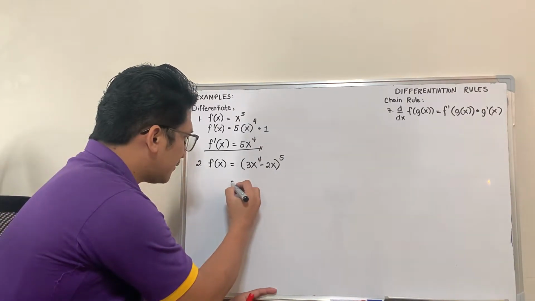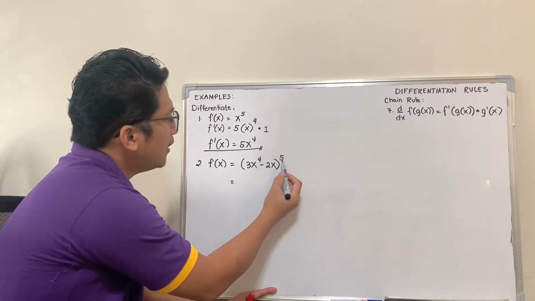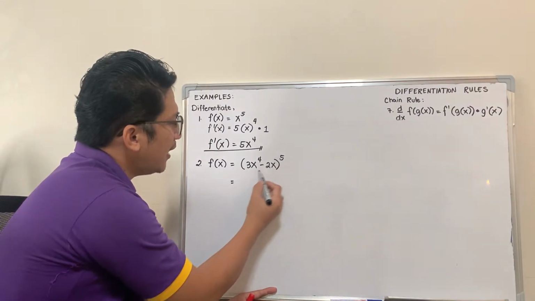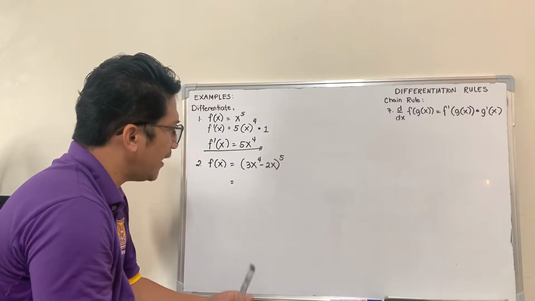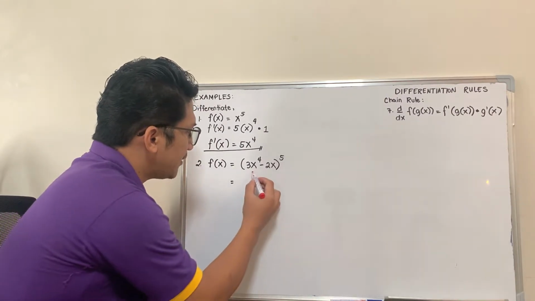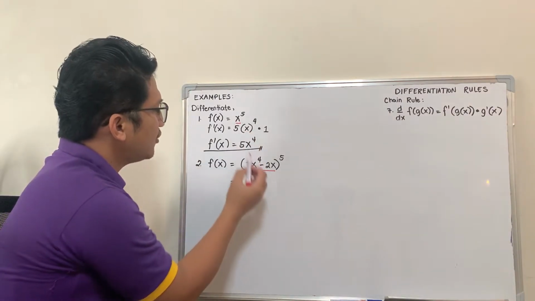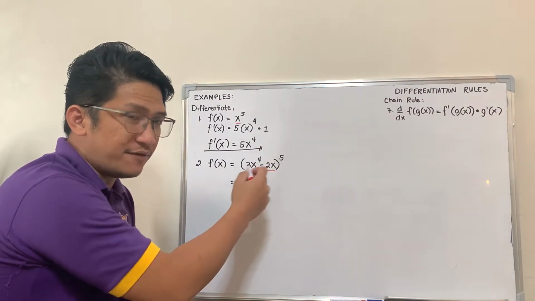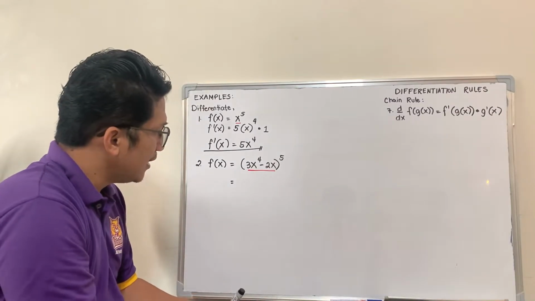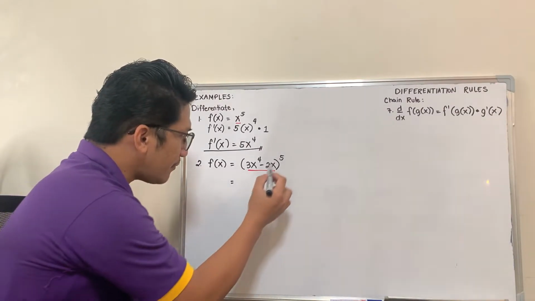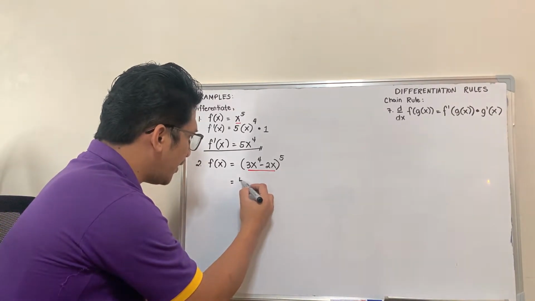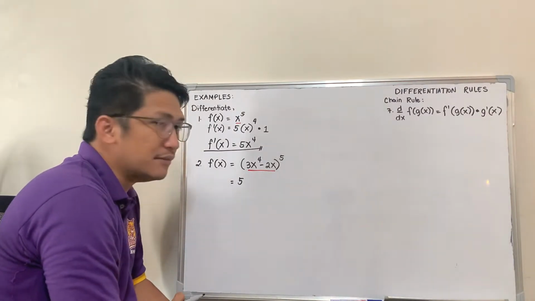First, this is still an exponent. The only difference is that the base is not x anymore. The base is already different. It's already a binomial. So from here, the 5 becomes the numerical coefficient, just like the power rule.